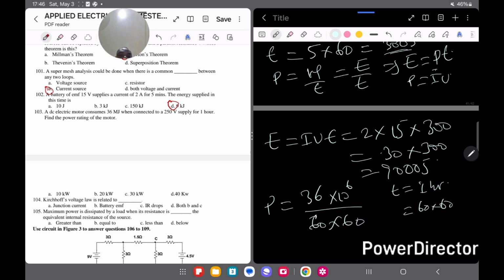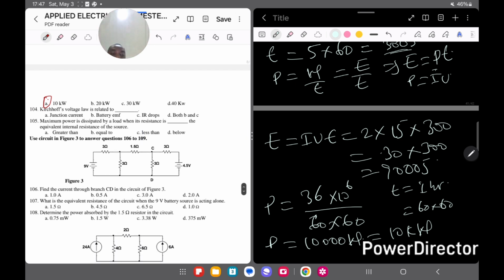So we just take 36 times 10 to the power 6 divided by 60 times 60, and that gives us 10,000. So I get the power here to be 10,000 watts. And 10,000 watts is the same as 10 kilowatts, right? When you look at the possible answers, we have A, which is 10 kilowatts. So the answer here is A.